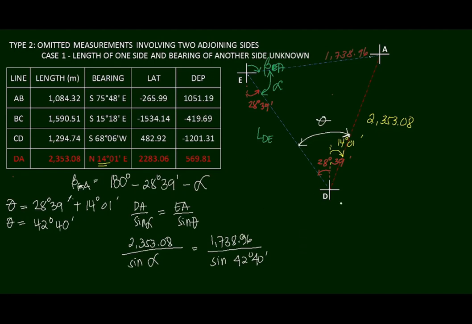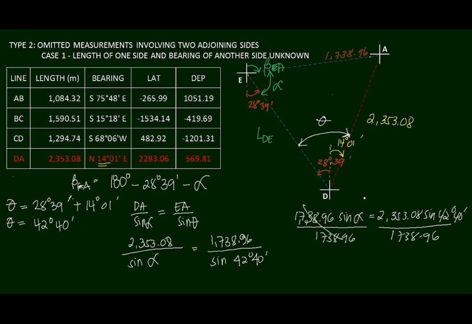Again, sa mga walang shift solve sa calculator, you may want to do this one. Cross multiplication: 1,738.96 times sine of alpha is equal to 2,353.08 times the sine of 42 degrees, 40 minutes. Divide both sides by 1,738.96. Then take the inverse sine of your answer.